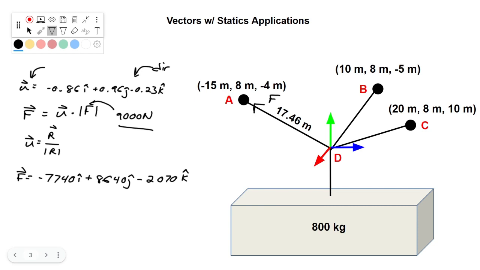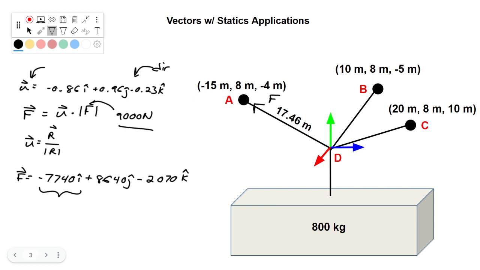So now we have our vector of our force, which combines both the magnitude, the 9,000 newtons, and the direction. If we took the sum of the squares, square rooted it, we would get 9,000 because that's our magnitude. If we divided this by 9,000, we'd get back our unit vector that we had for length. So now it's quite trivial. They're asking us for the combined x direction. That's just this value here.